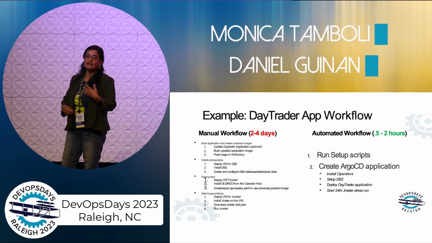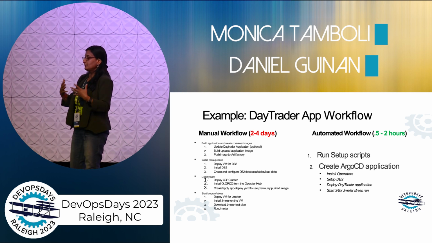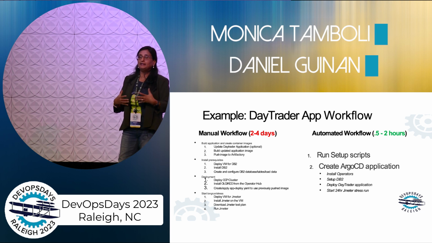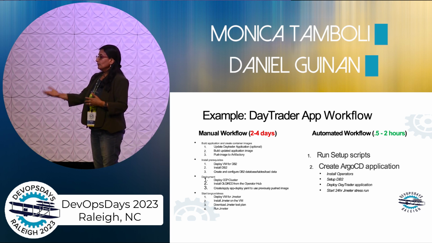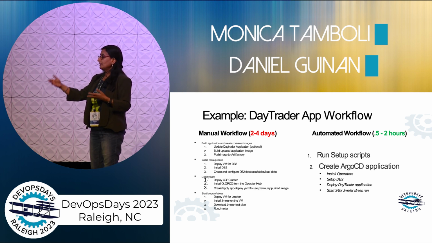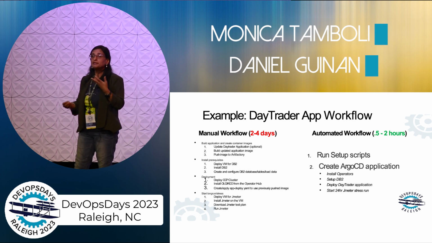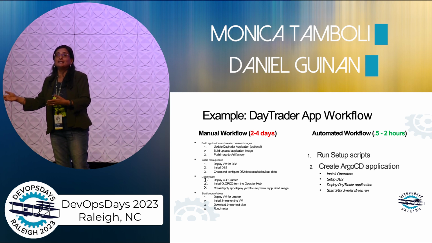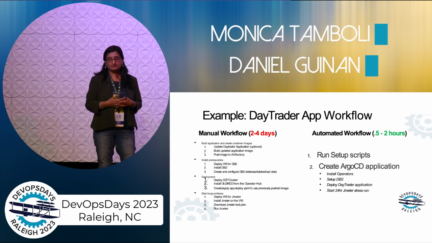Again, a new person has to write new scripts for the stress, and all those things involve time, and then debugging those. On the right is what we are going to talk about, the automated workflow using GitOps. With that, we could run the same thing within minutes, if not hours, depending on the expertise of the person.